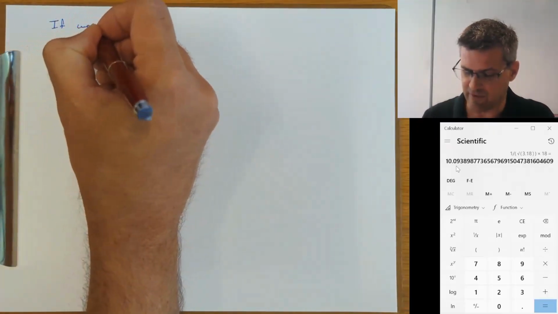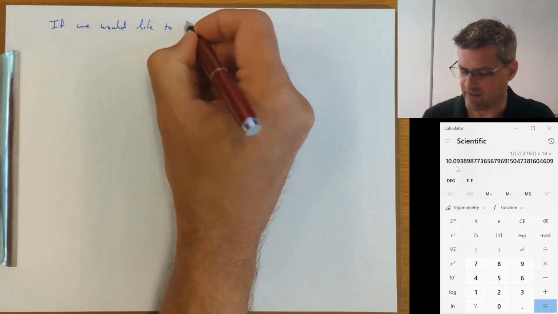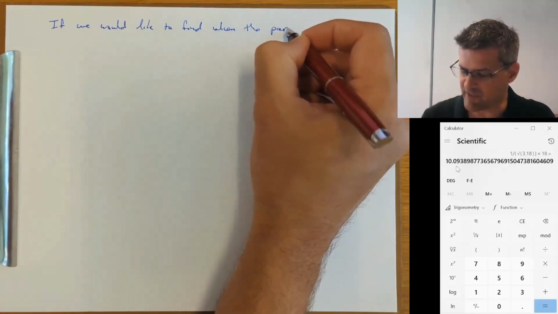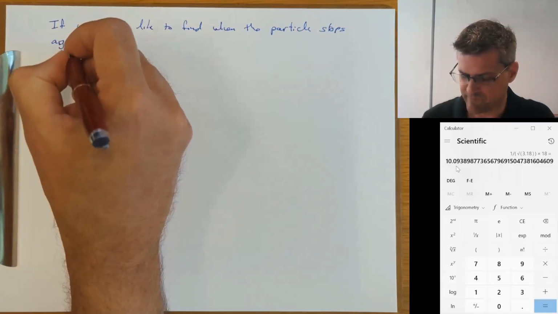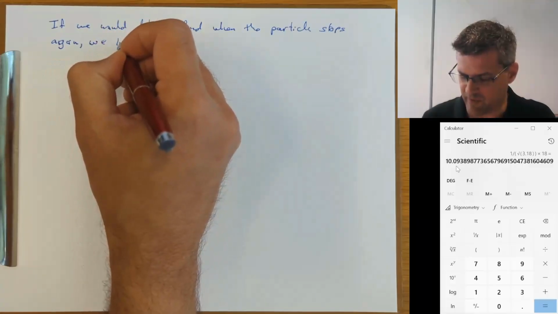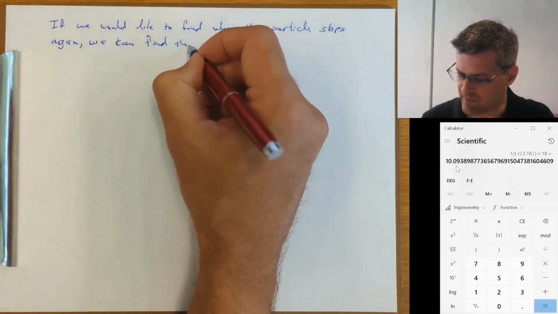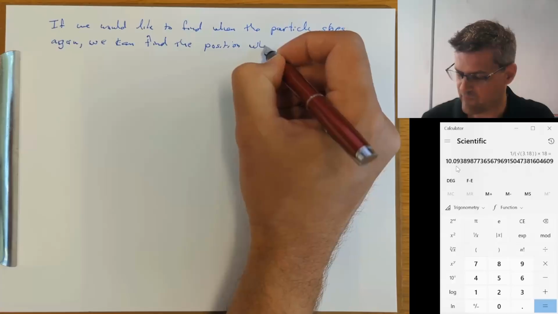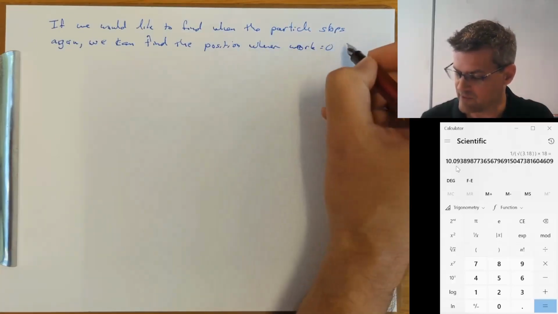So if we would like to find when the particle stops again, we can find the position where work is equal to 0.